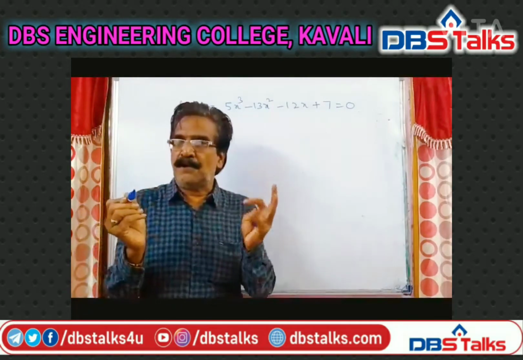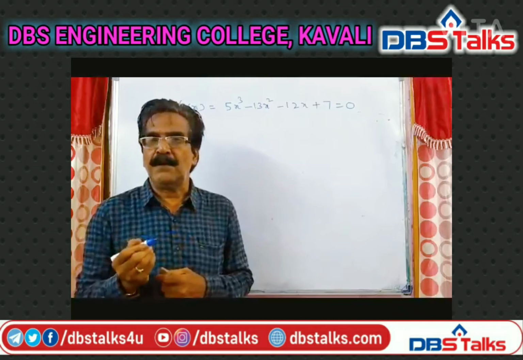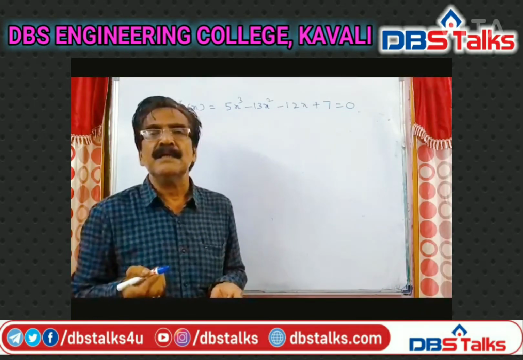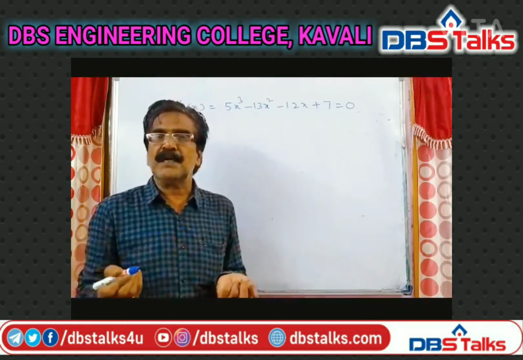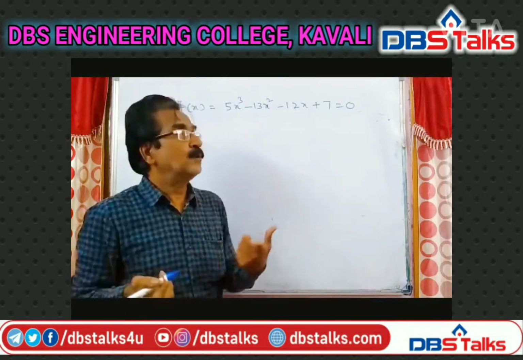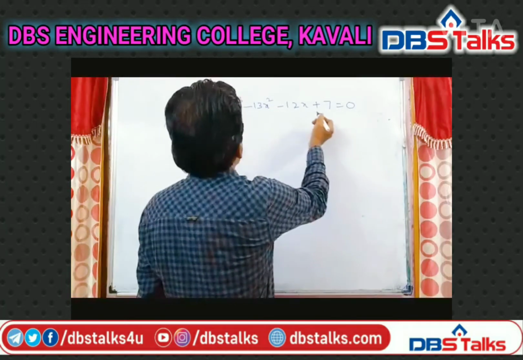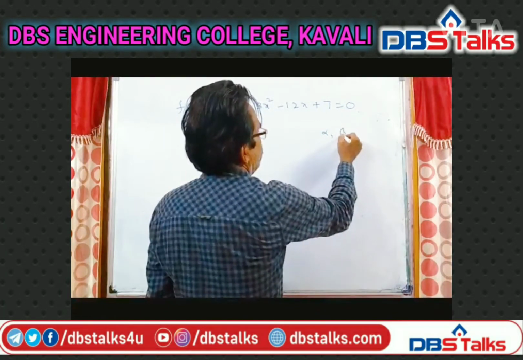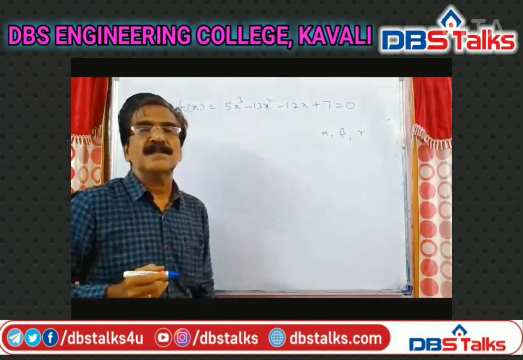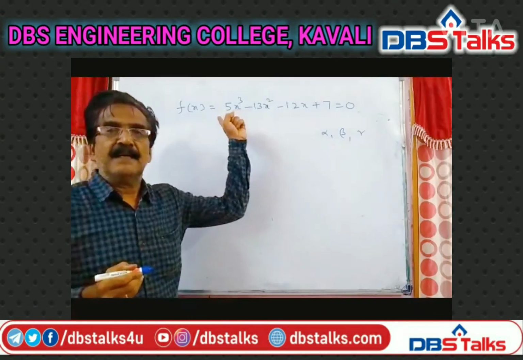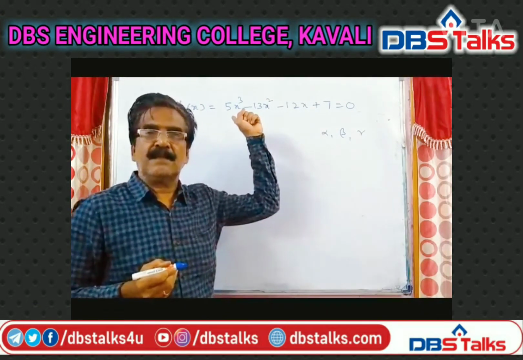So we want a polynomial whose roots are diminished by 2 of these roots. Suppose these roots are alpha, beta, gamma. This is a third degree polynomial.